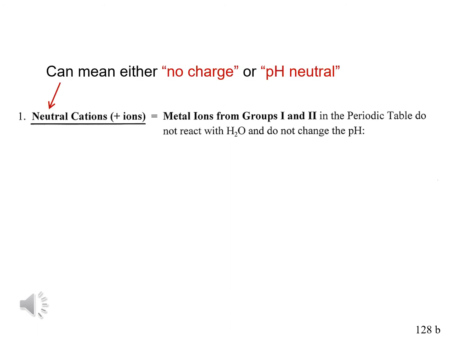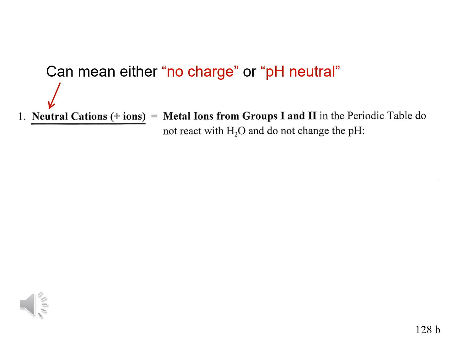Well, the answer is that the word neutral in chemistry has two different meanings. Neutral can mean no charge, but the other meaning is pH neutral. In other words, it stays at pH 7. So that's what we're talking about. These are positive ions that do not change the pH.